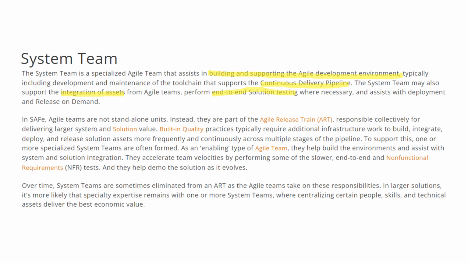So definitely, if you're a big company building an enterprise solution or a large solution where you are dealing with multiple ARTs or multiple value streams, it's better to build an expert community of system teams or system engineers, right?